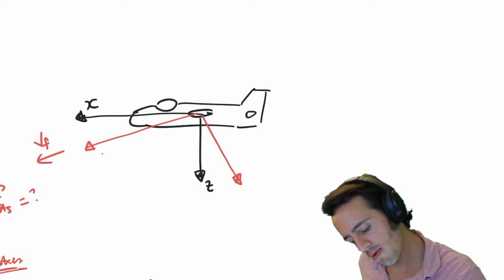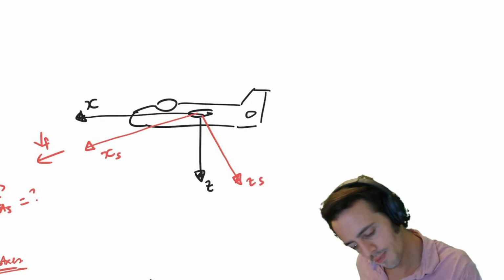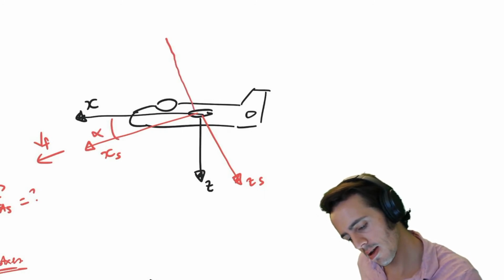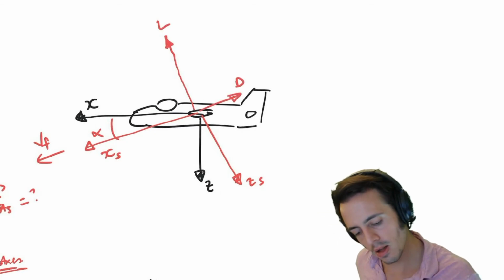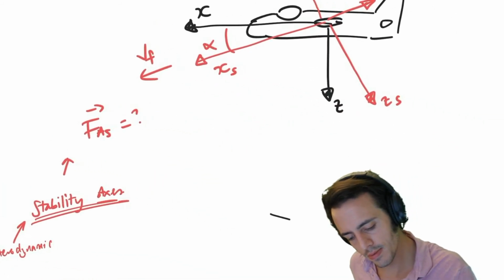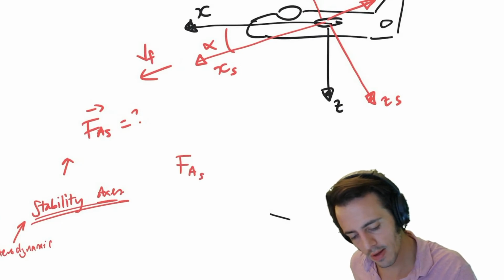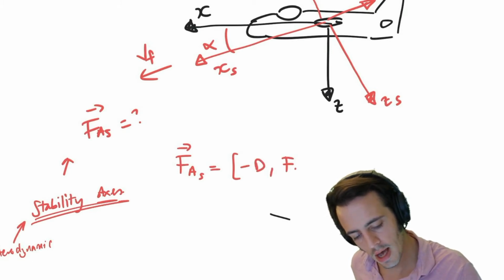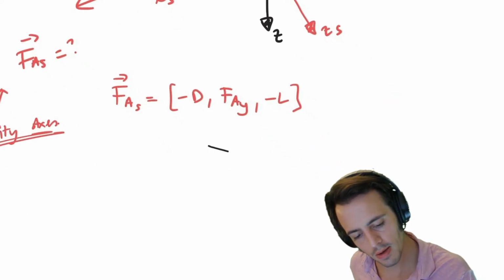Then what we have here is X stability and Z stability. This here is alpha. So the forces, we would have a lift in this direction and a drag in this direction. So actually our lift and our drag are both negative in stability axes. So our aerodynamic force in stability axes expressed as a vector is minus drag, FAY, minus lift.